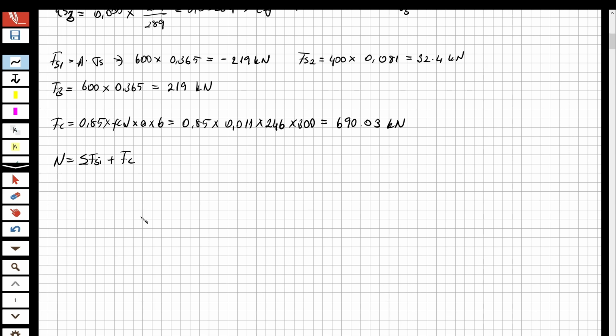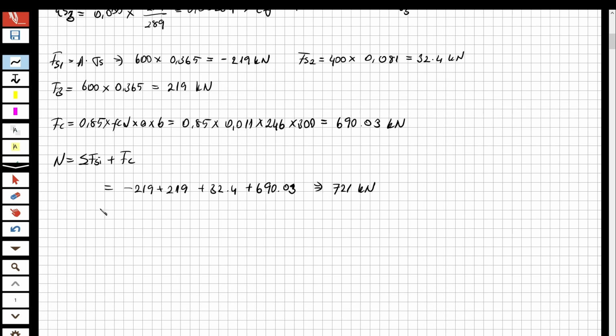So now we have all forces you can see on the screen. So let's do this equilibrium. It's going to be minus 219 plus 219 kilonewton and plus 32.4 and also plus 690.03. So the result of that is going to be equal to 721 kilonewton as the actual force.